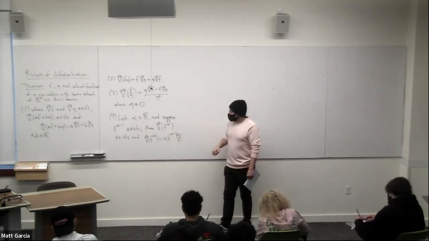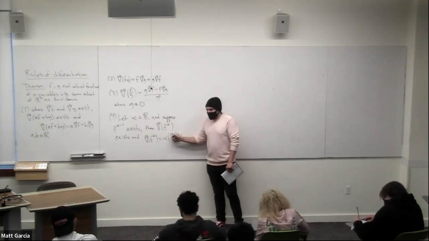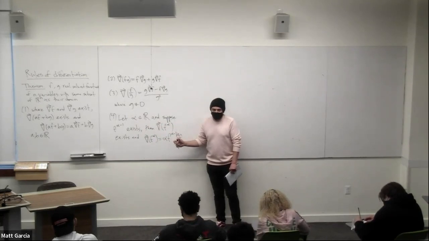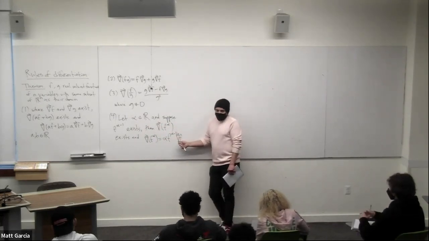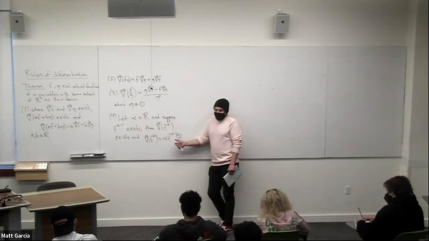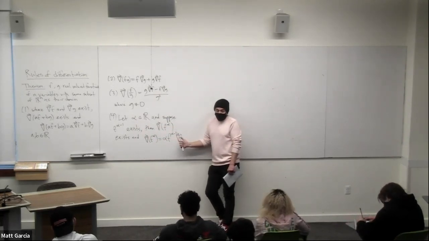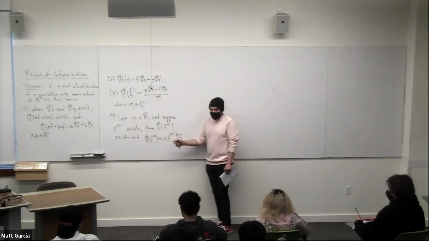Right, so you take the power down and subtract 1, just like the power rule. And there's a bit of a chain rule feel to this too. We're tacking on, multiplying by, the gradient of f, the inside function.